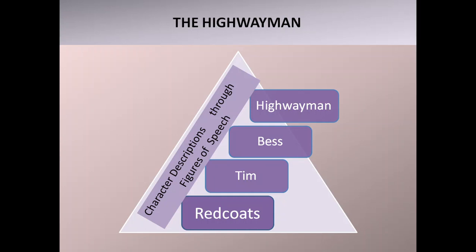And the red coats are described through the very color red. The red coat troops came marching. The color red is kind of a metaphor for blood. They bring bloodshed and violence. So, in this way, even when you need to describe characters and understand them, you can do it through identifying the different figures of speech.